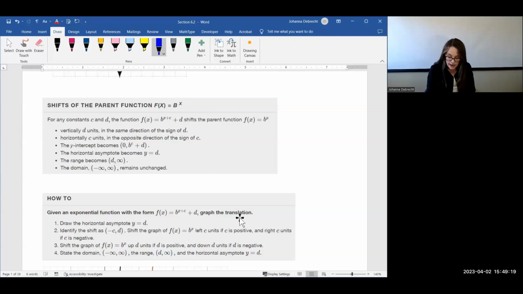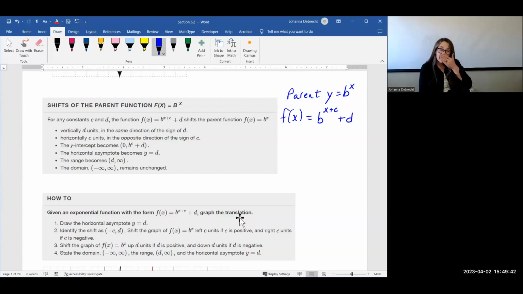So if we're looking at parent functions, we have the parent function right here, y equals b to the x, and now we have a new function, f of x, based on our parent function, which looks like b to the x plus c, plus d.